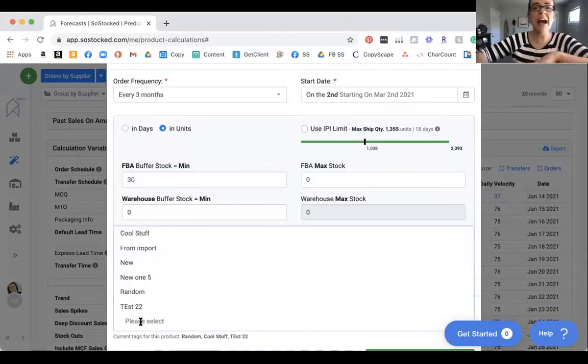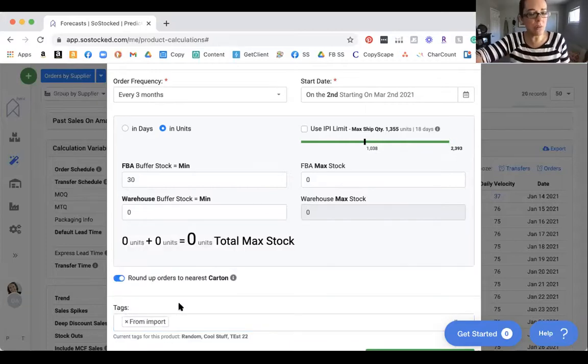So if you have special tags, for example, Christmas, I want to make this particular change for all the Christmas products, or I want to make this particular change for all my products that I have a hard time keeping in stock because of the restock limit. You can create a restock tag, for example, and make an update to use restock limits, your max ship quantity limits, only for those products that you're having a hard time keeping in stock, right?